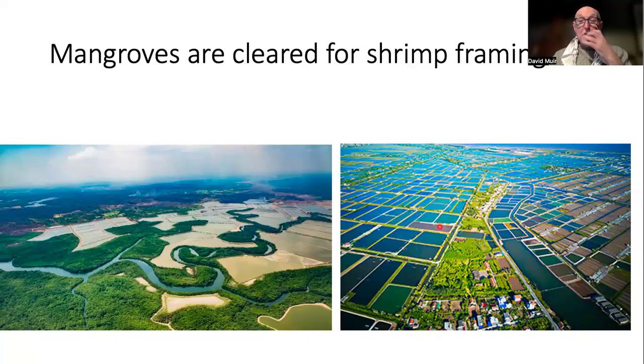So because of the high profits, very often the environmental impacts are simply overlooked. Not only do they clear the forest, but these ponds are also the source of a tremendous amount of organic pollution, which then ends up going out to sea.